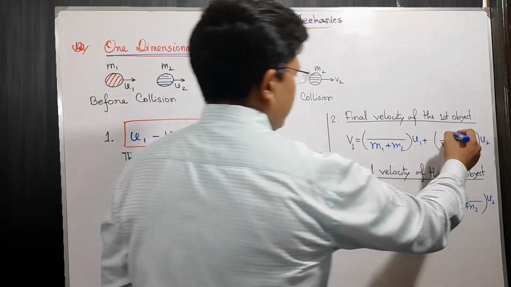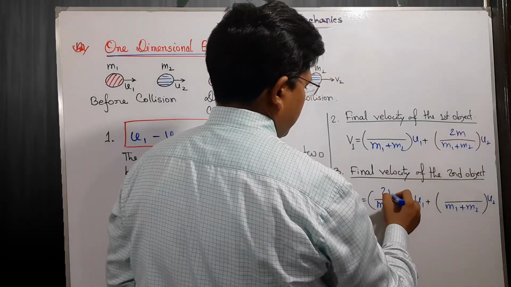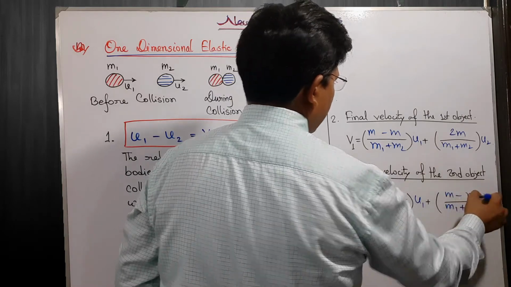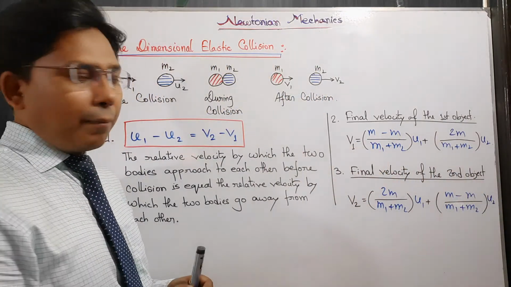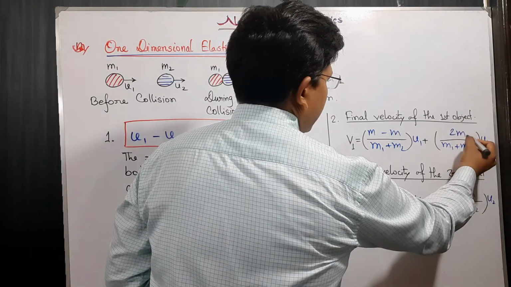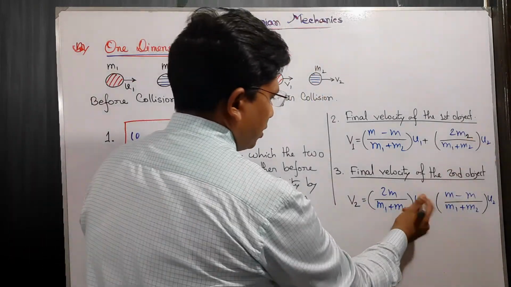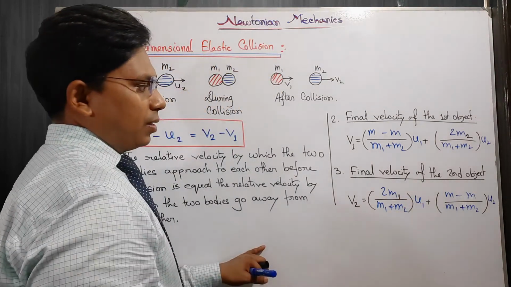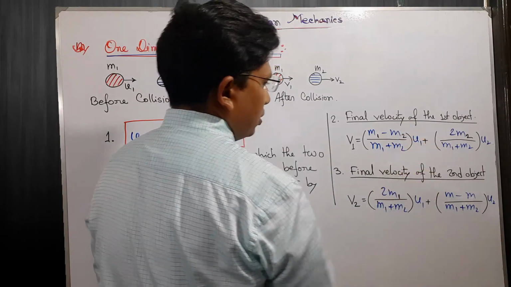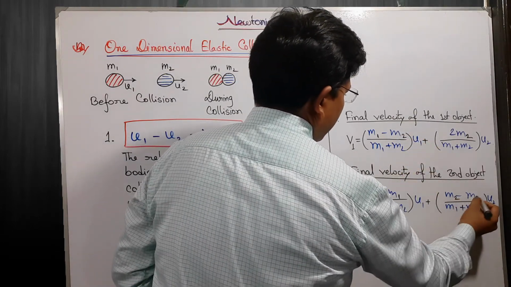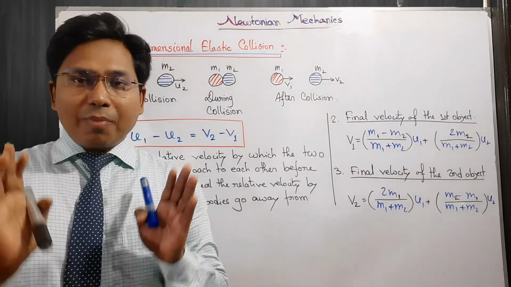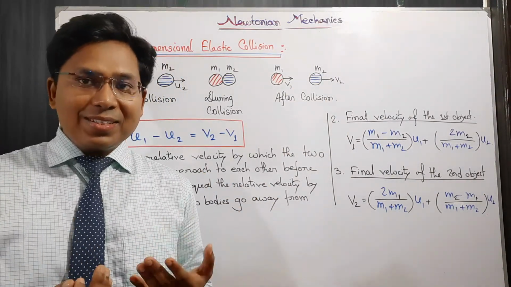Now twice m, m minus m, also common, but you need to put the sign 1, 2. Here u2 goes with m2, here u1 goes with m1, and here u1 has m1 minus m2, here u2 has m2 minus m1. If you follow this technique to memorize these two equations, it's very easy for you.